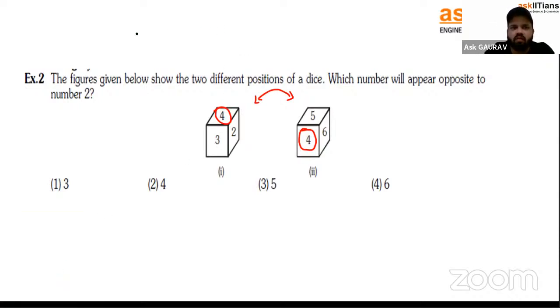What will it be if I just move clockwise? This is the sign of clockwise, and this is the sign of anti-clockwise.